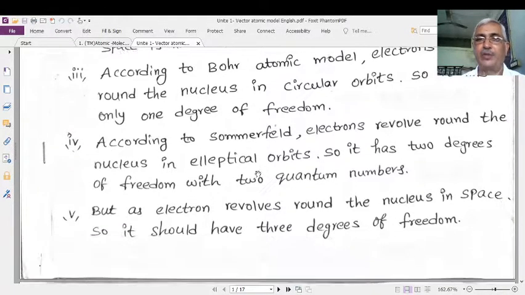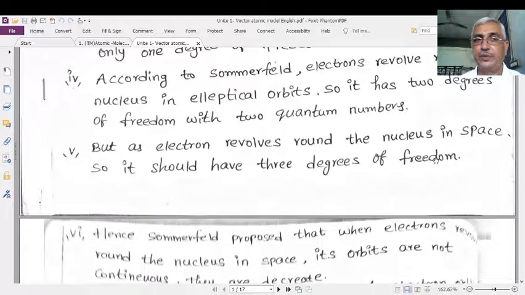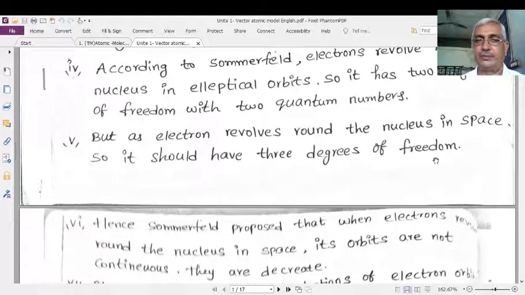According to Sommerfeld, electrons revolve around the nucleus in elliptical orbits. Elliptical orbits mean its radius vector also changes and of course the rotational angle also changes. Therefore, it has 2 degrees of freedom. But actually, when an electron revolves around the nucleus in space, how many degrees of freedom does it need? 3 degrees of freedom.